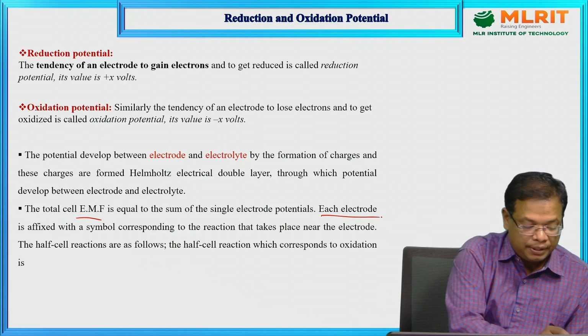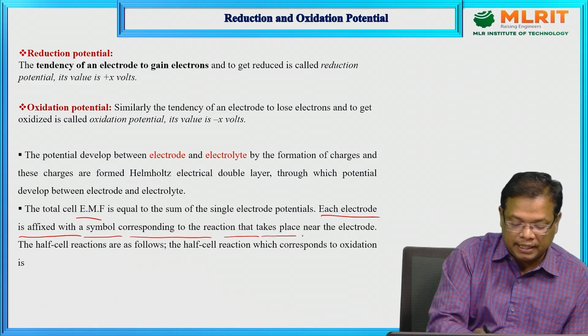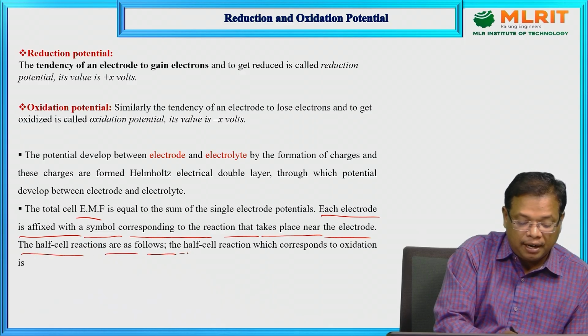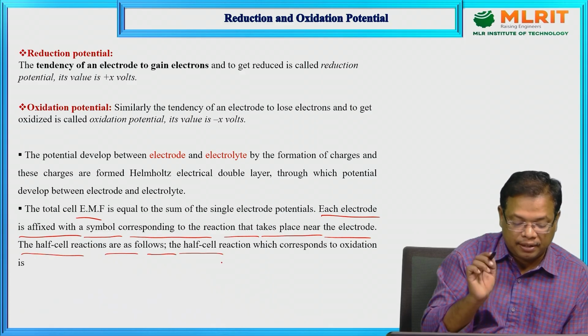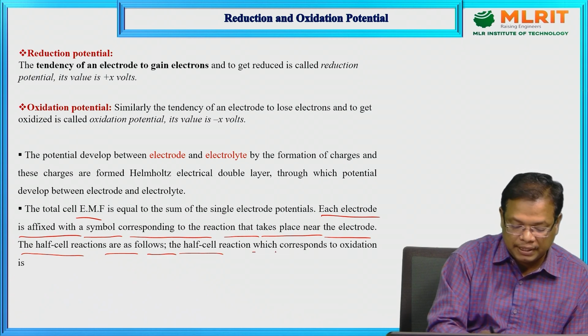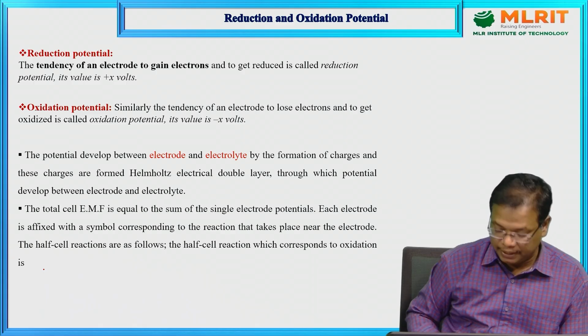Each electrode is affixed with a symbol corresponding to the reaction that takes place near the electrode. The half cell reactions are as follows. The oxidation reaction is one half and the reduction reaction is the other half.